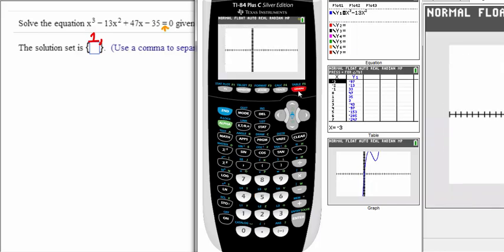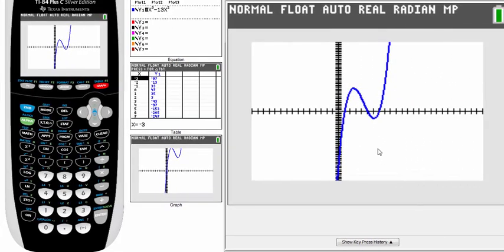We might have to adjust our window. Now when it says solve the equation, basically it wants to know the values where this crosses the x-axis. So let's pull this across. I can see that it crosses once, twice, 3 times. These are the zeros of this function. So I think my answers are going to be 1, 5, and 7.